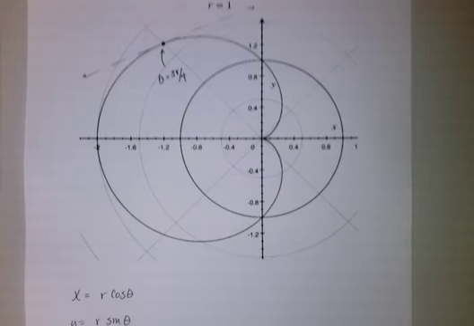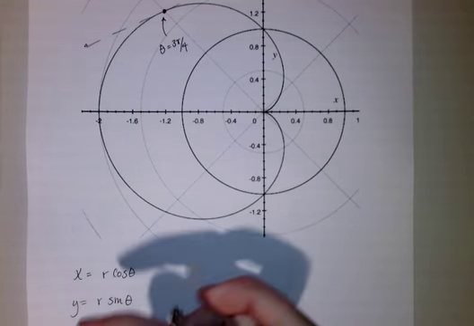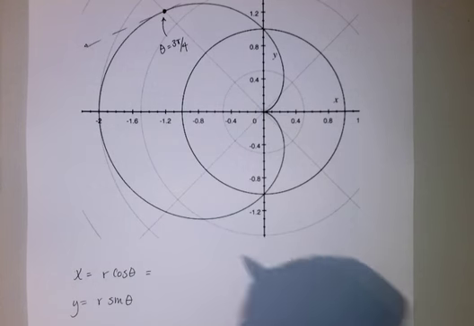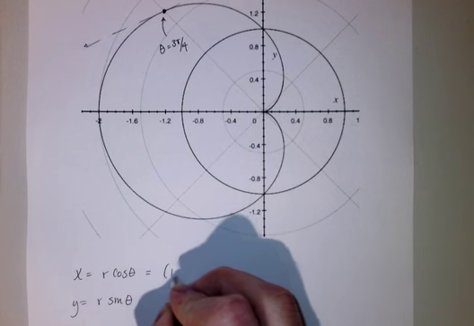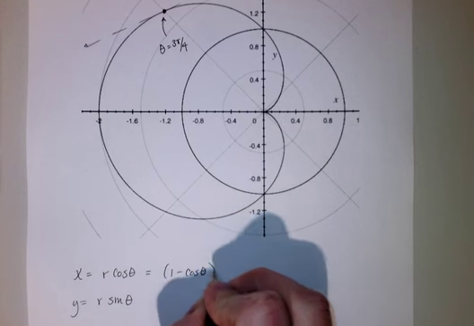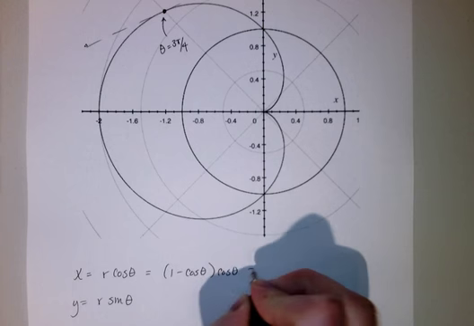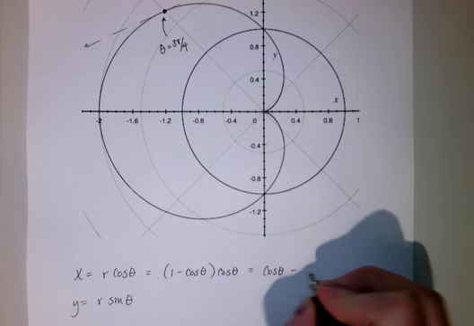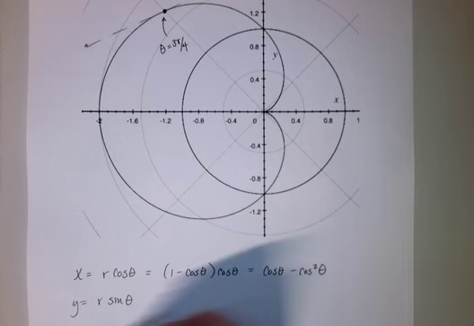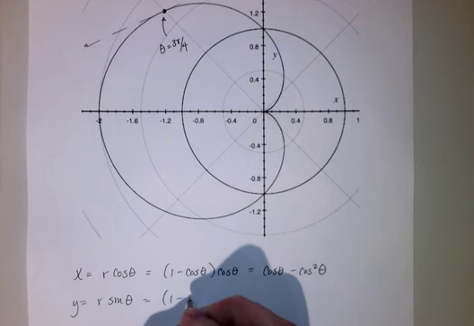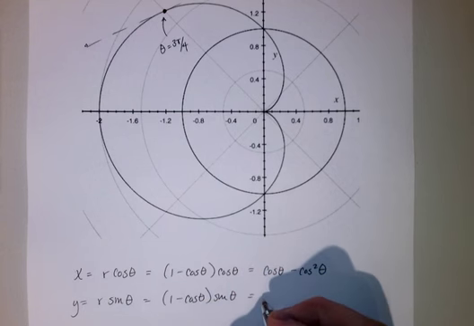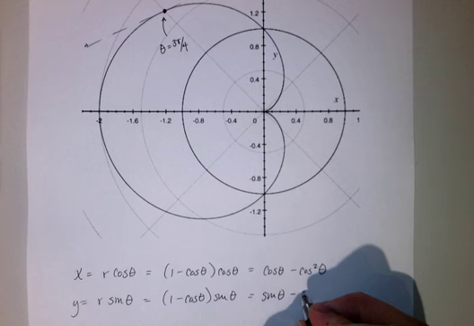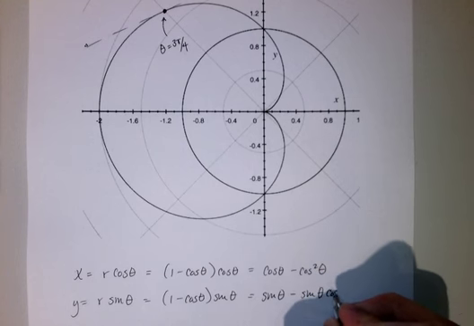If we want to parametrize our polar equation, so to speak, then x becomes 1 minus cosine theta times cosine theta, or cosine theta minus cosine squared theta. And y becomes 1 minus cosine theta times sine theta, or sine theta minus sine theta cosine theta.